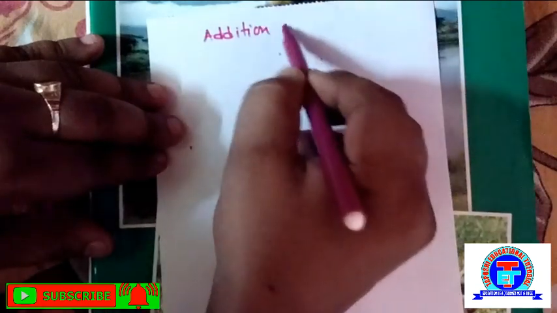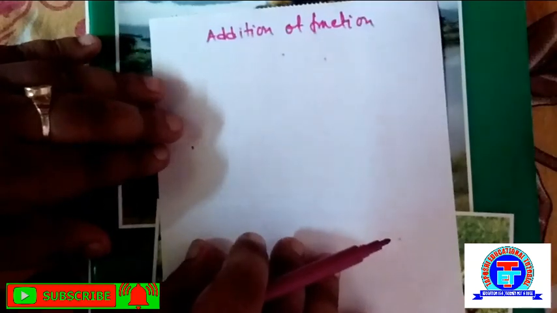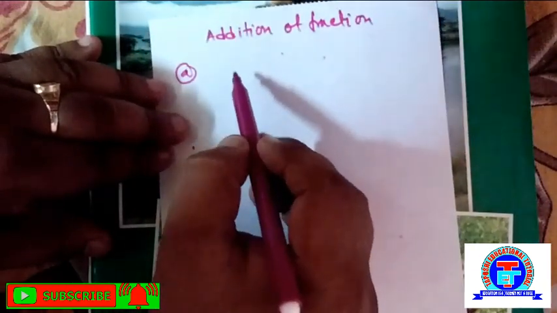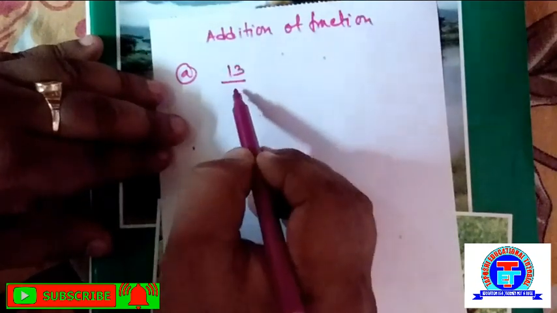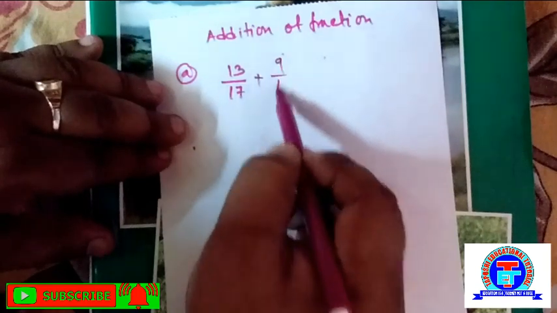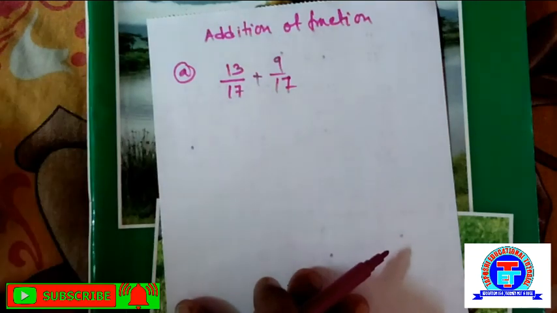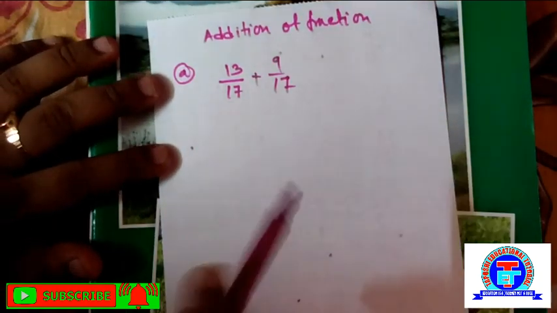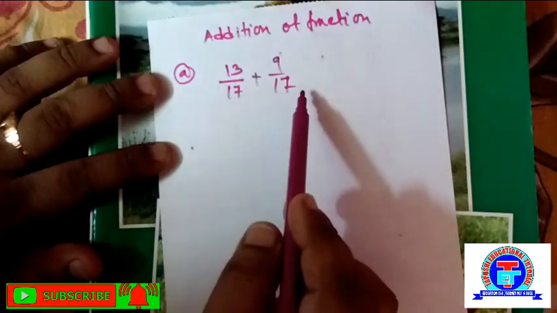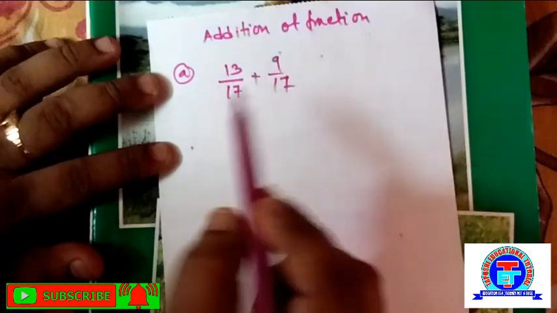Addition of fractions. Suppose you are given fraction A: 13 by 17 plus 9 by 17, right? It is easy to add, because here both fractions have the same denominator, so we can easily add these fractions.